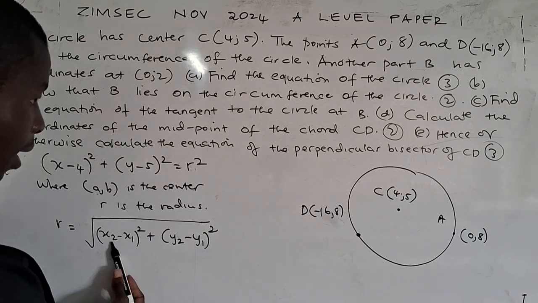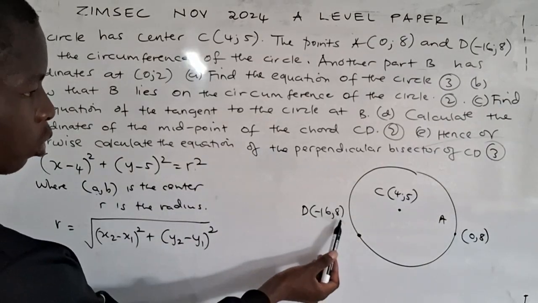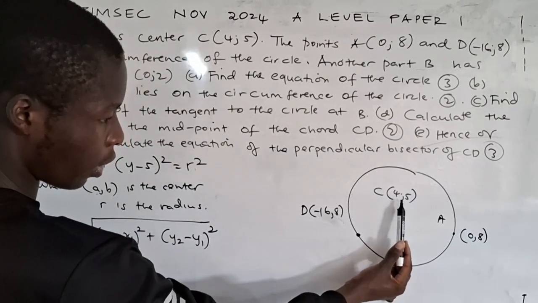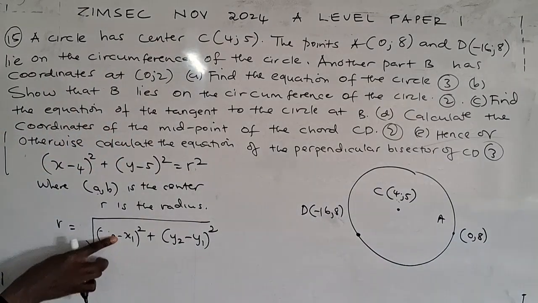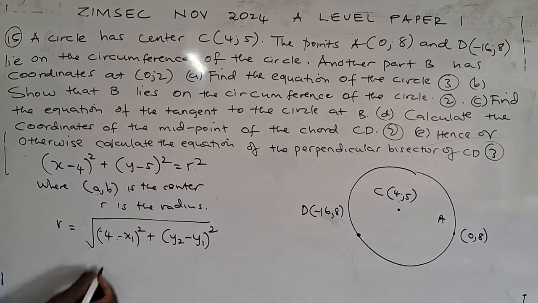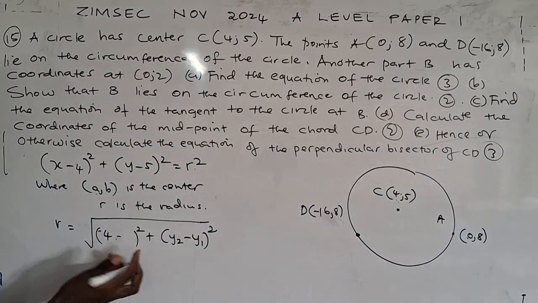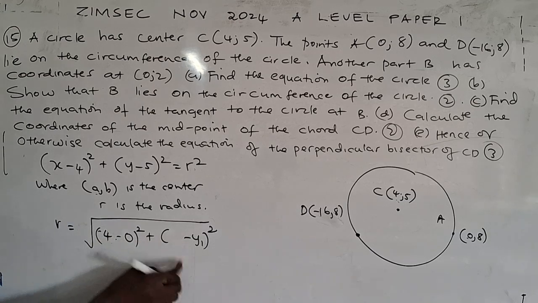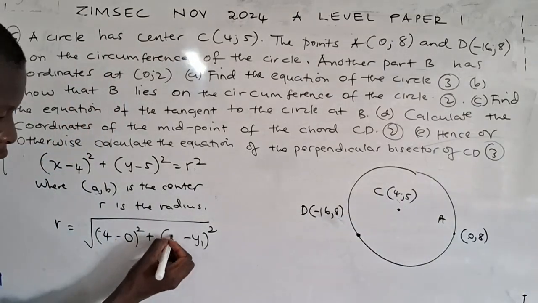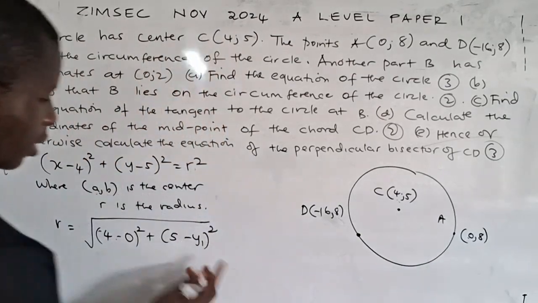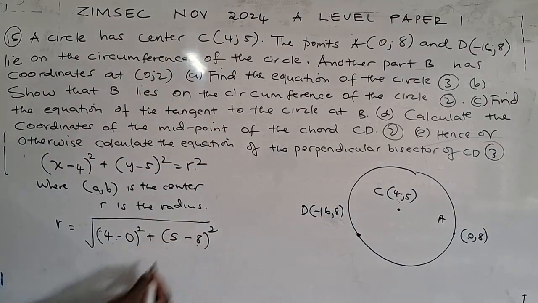So my x2 now is 4, and my x1 is 0. My y2 is 5, and my y1 is 8.